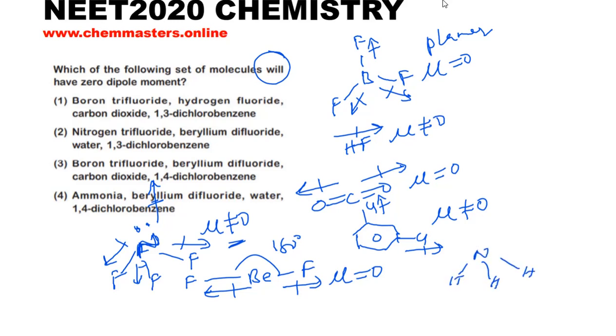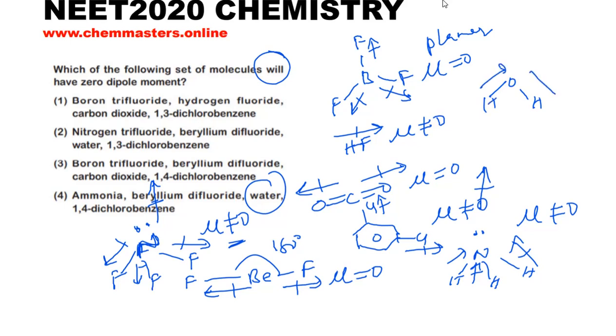Ammonia is in pyramidal shape with a lone pair of electrons on nitrogen, and the dipole vectors move towards the more electronegative atoms, so it is not equal to 0. Next we have a water molecule. The water molecule is in V shape, and the dipole vectors move like this, and they are not cancelled because here we have lone pairs of electrons. So here mu is not equal to 0.